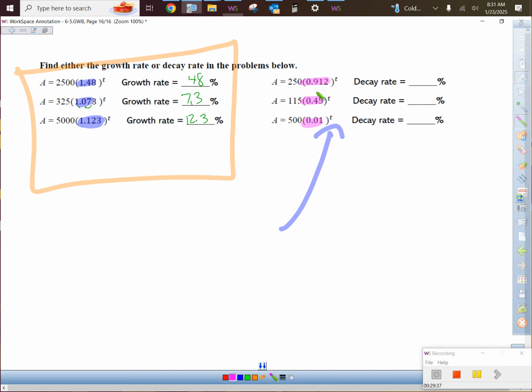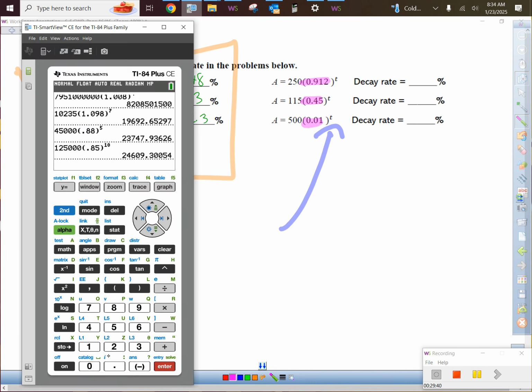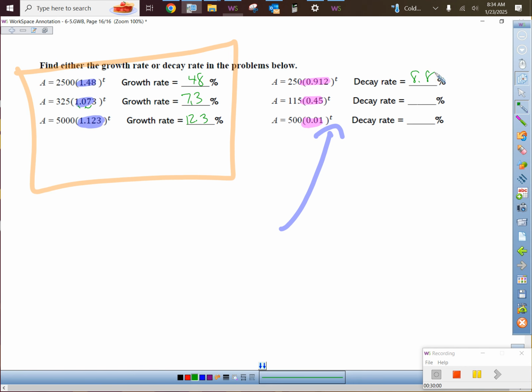We have to do how much we lost. So if you do 1 minus 0.912, then you have to change that to a percent. Maybe you do 100 minus 91.2, if you change it to a percent first. But didn't we just lose 8.8% on this one? How did I get that?